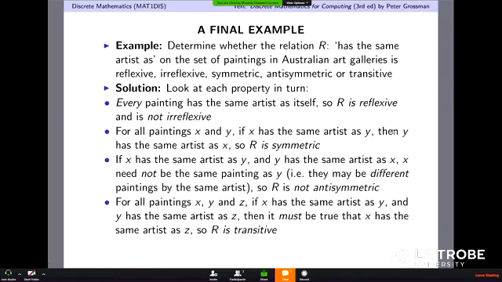So we have these properties satisfied: reflexive, symmetric, and transitive. You will notice these three properties are satisfied by many relations. And we therefore name them. A relation is called an equivalence relation if it is reflexive, symmetric, and transitive.